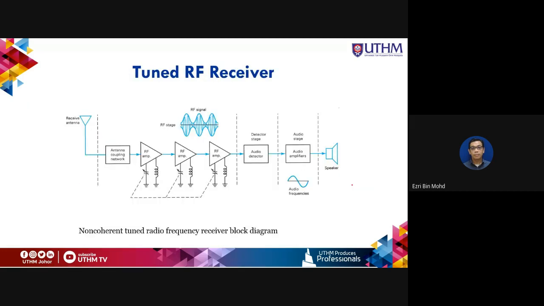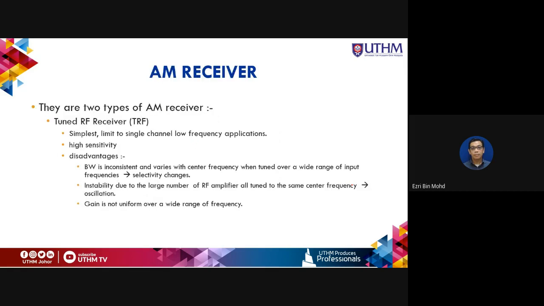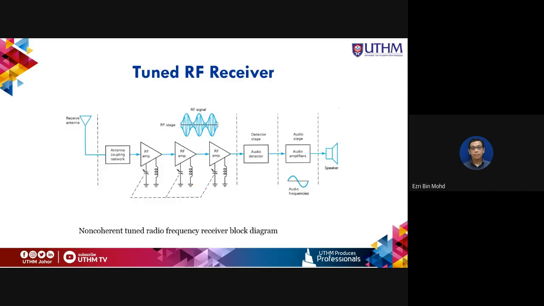It has cascaded amplification stages, then a detector, an amplifier, and lastly a speaker. But its disadvantages: first, the bandwidth is not consistent, so the selectivity changes. Second, it has an instability issue, because it has multiple amplifier circuits tuned to the same carrier signal, so it is not stable.